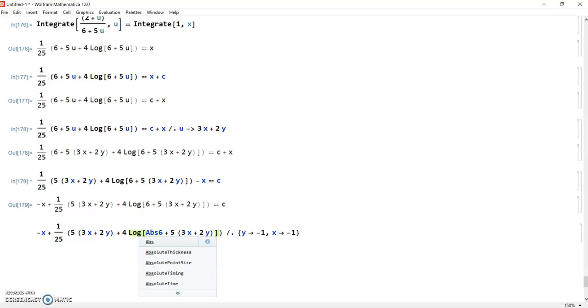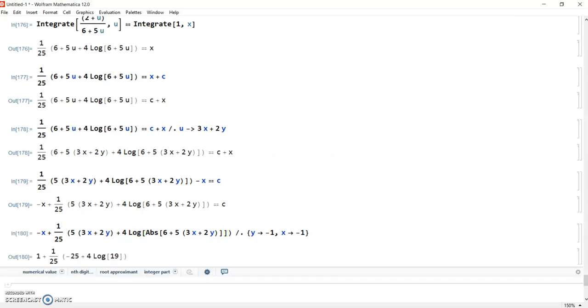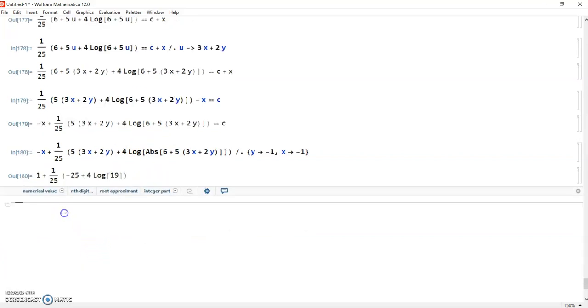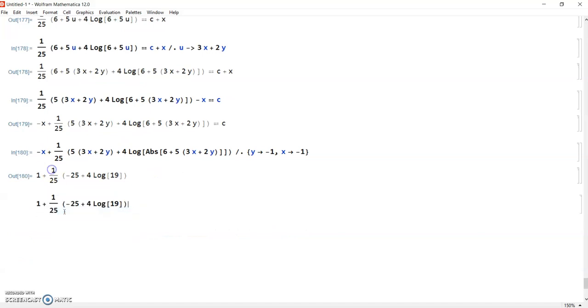So therefore, we should take the absolute value of the argument of this log over here, and then close this absolute over here. Okay, so now we can input these values. So it will be this, and then we get this. I think this needs to be simplified.